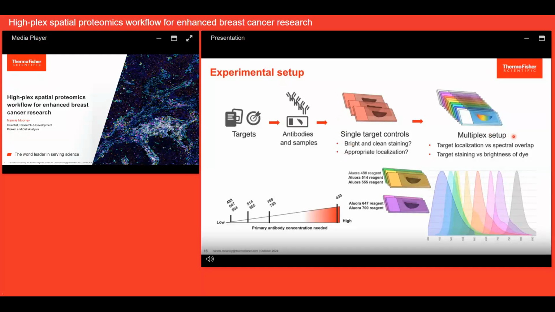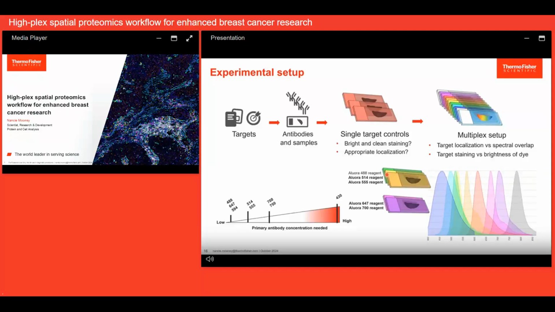Some things you want to keep in mind for your multiplex setup is target localization versus spectral overlap. So if you are expecting your targets to co-localize, for example, if you have multiple targets you expect to be in the nuclei, you want to make sure that those targets are not in fluors that have as much spectral overlap.